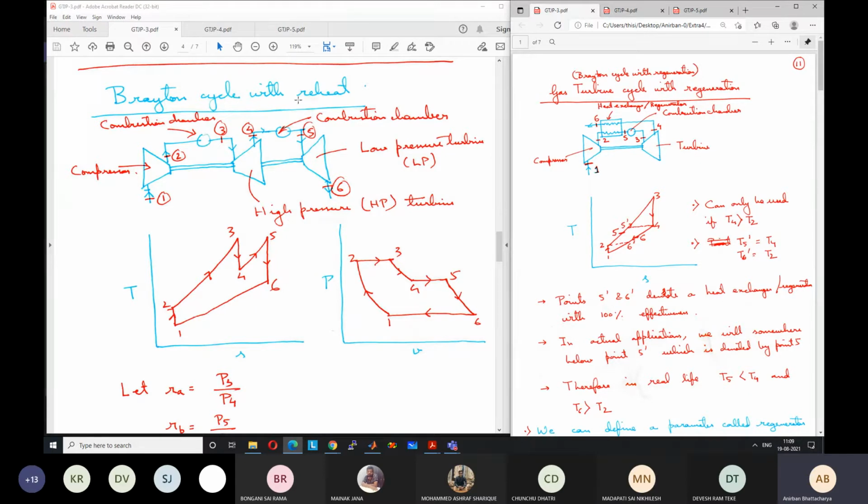We will see that in this case it comes at the cost of efficiency. So the efficiency actually decreases as compared to the simple Brayton cycle, unlike steam turbines, where the efficiency does not decrease with reheating. In this case, it decreases with reheating, but the net work output increases.